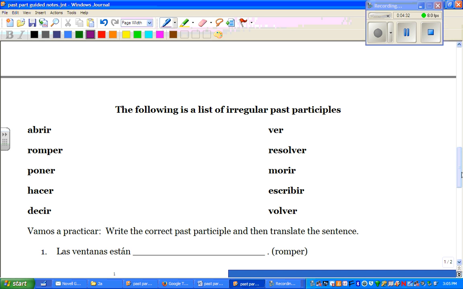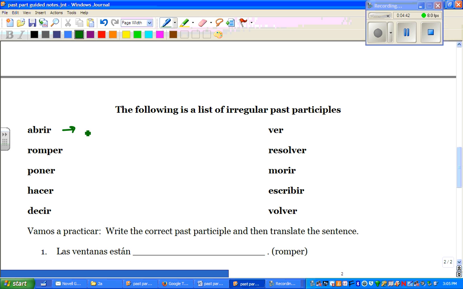However, don't forget we have some rebels. The first one you have is abrir. Abrir is not just abrido, it's going to be abierto, ABIERTO. Broken is roto, ROTO. Poner becomes puesto. Hacer becomes hecho.